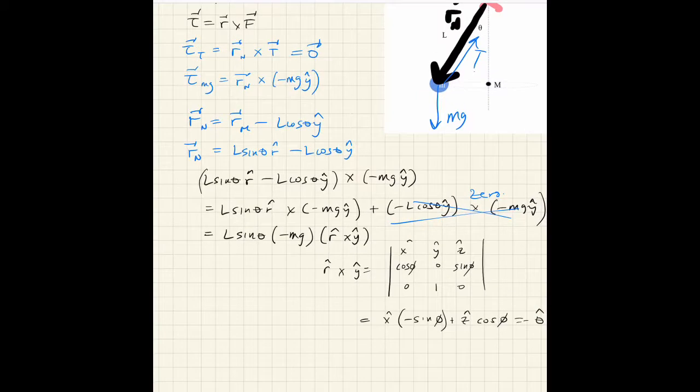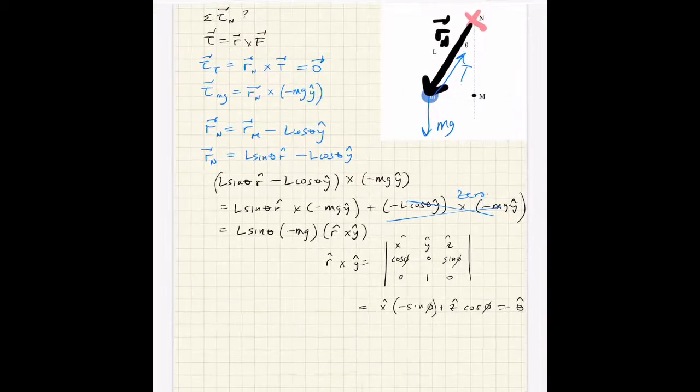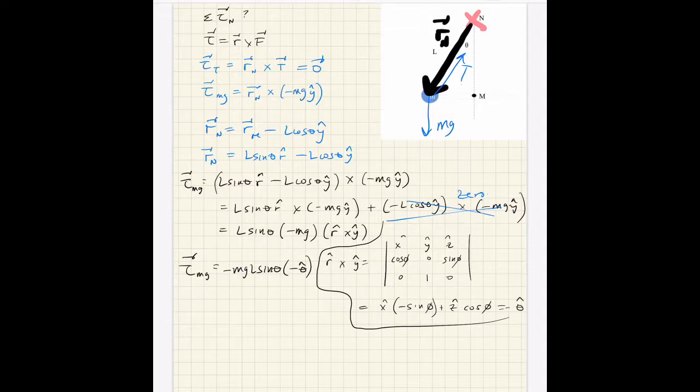And so the cross product, or the torque from mg, will be minus mgl sine theta times the minus theta hat direction, or mgl sine theta, theta hat.